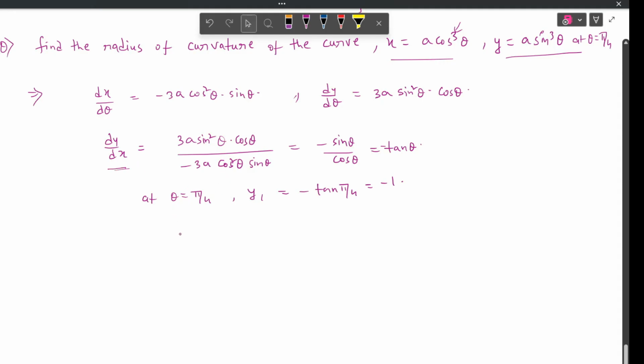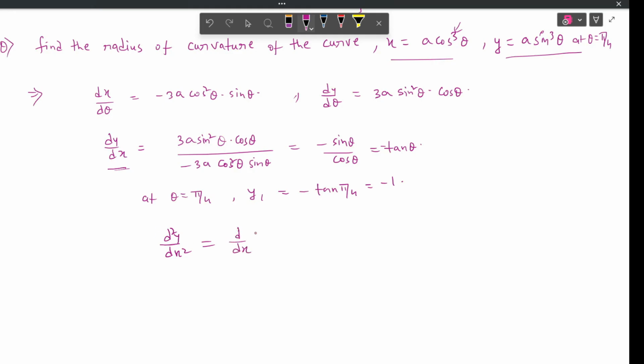So what would be your d2y by dx2? You are differentiating with respect to x, but here it is theta. So we can write this as d/dx of dy by dx. So what is dy by dx? That is minus tan theta.